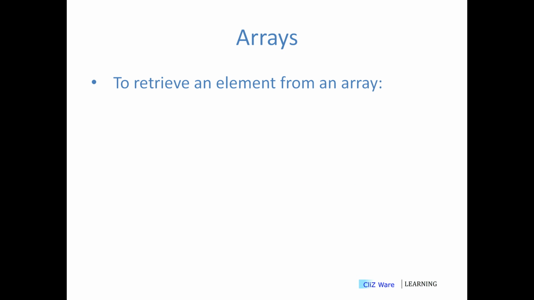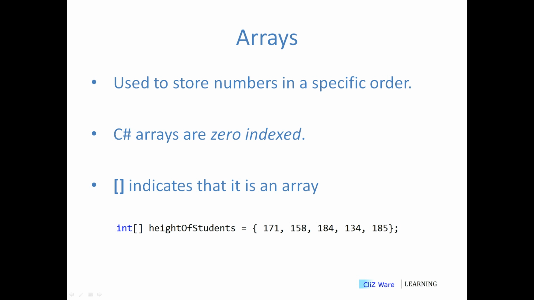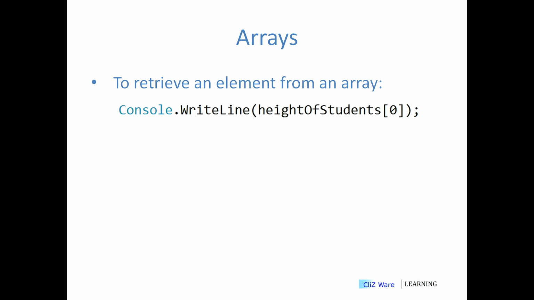Arrays are also variables, but basically they contain items of that particular type. As you saw on the previous page, the integer array is basically a set of specific integers. One way to retrieve the value is to type these brackets again, and then you need to enter what item you would like to display.